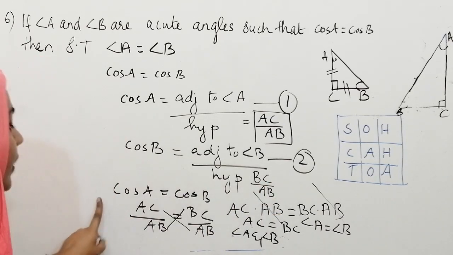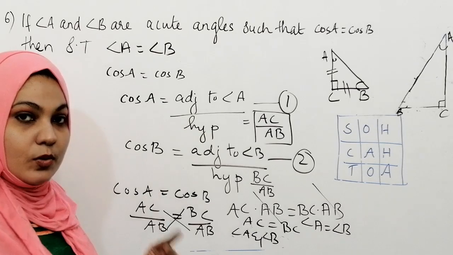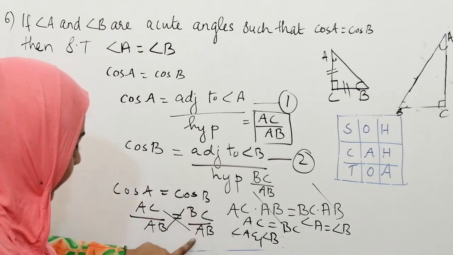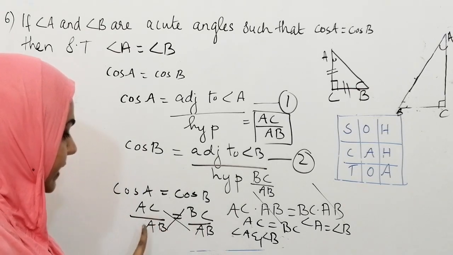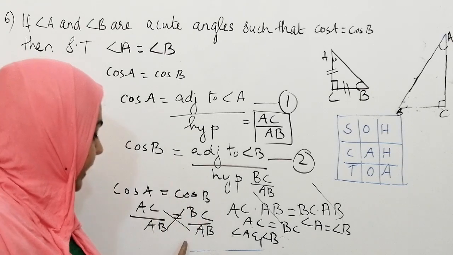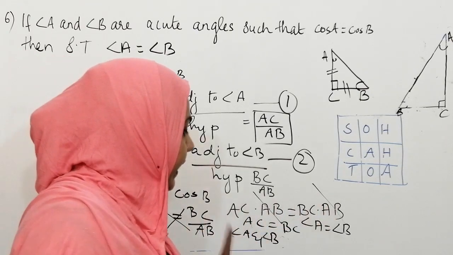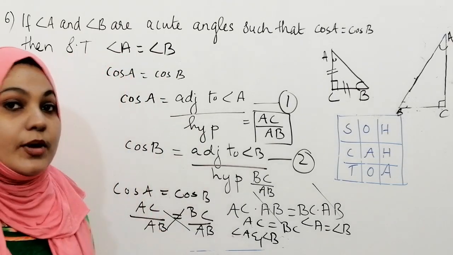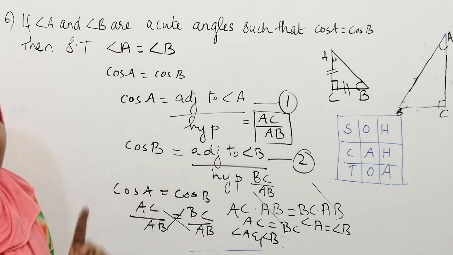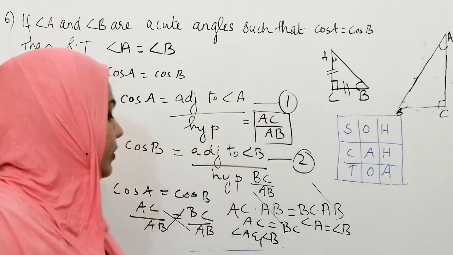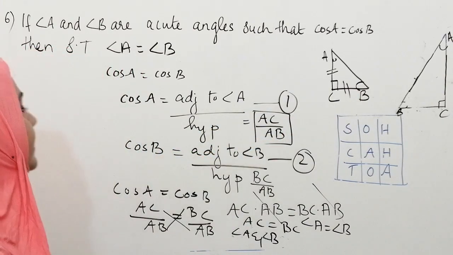So when we substitute, AC by AB is equal to BC by AB. Here the denominators are same, so we can cancel AB and AB, or you can do cross multiplication, and then also you can cancel AB and AB. So you get AC is equal to BC. According to the isosceles triangle property, angles opposite to equal sides are equal. So we got angle A is equal to angle B. So we have proved our question.